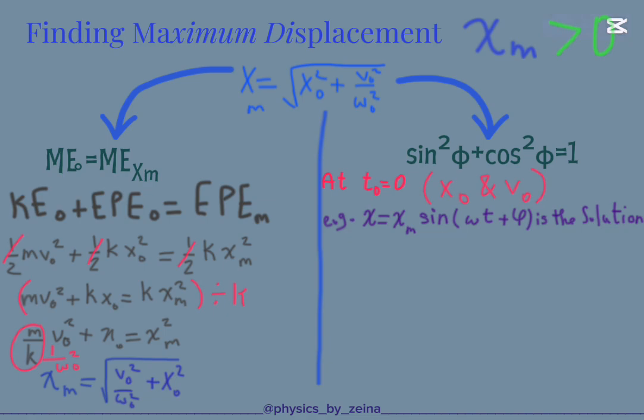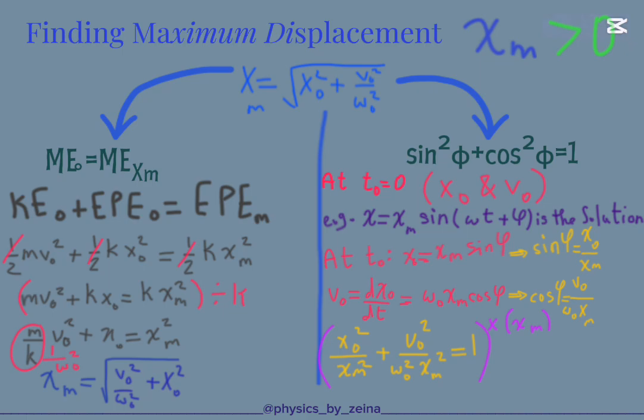At t0, x0 is equal to x maximum sine phi. We need also to find v0, which is the derivative of x, which gives us omega 0 x max cosine phi. So here we can find sine phi and cosine phi in terms of x0 and v0, square them, then add them, and solve it equal to 1. So we get x max.